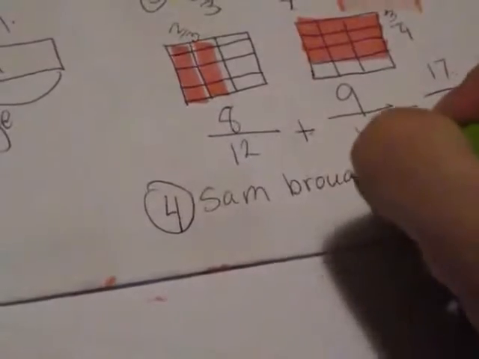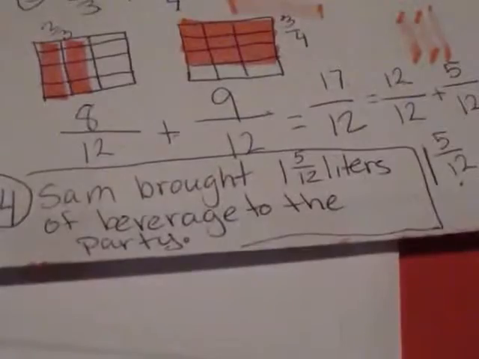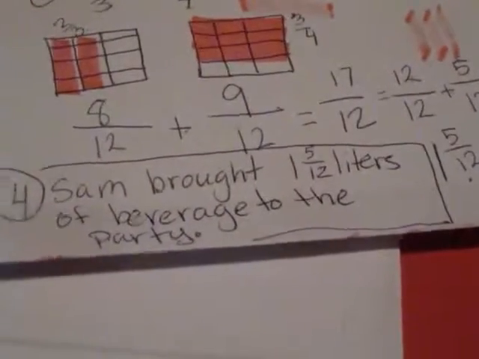Sam brought, and here is my answer over here, 1 5/12 liters of beverage to the party. Okay, and there is my answer. Each part is needed for a word problem.